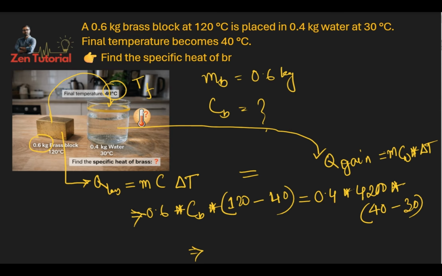Now here we have to calculate the value of the specific heat of the brass block, which is equal to 349 joule per kg per Kelvin. So this is the final answer.